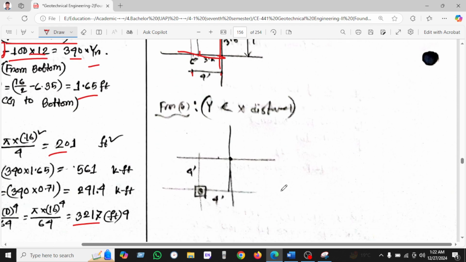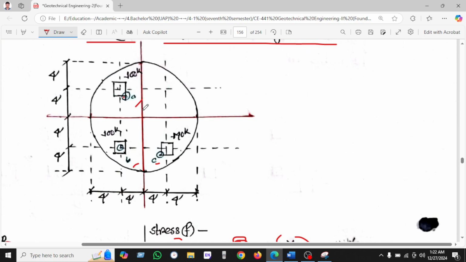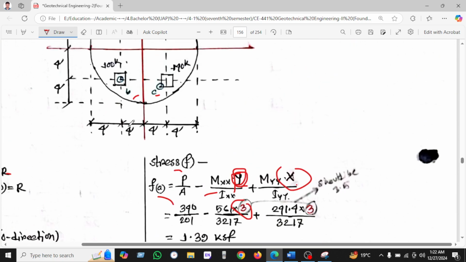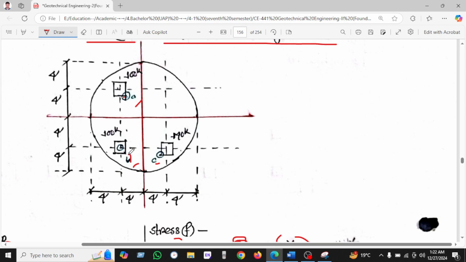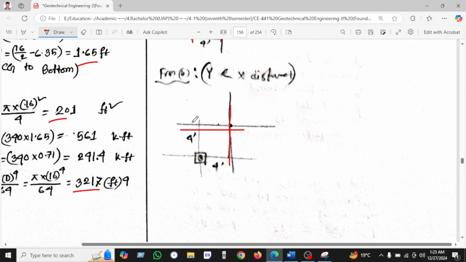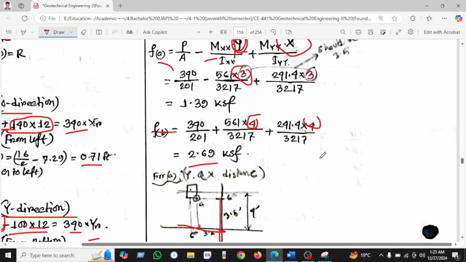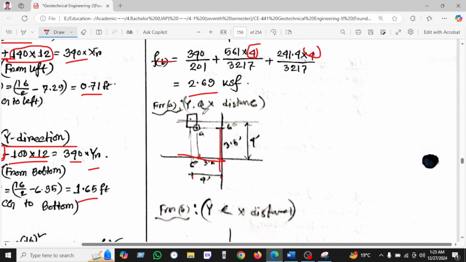So let's see, this is the CG, as we know here the CG. We will calculate the stress at B point. This is the B point. So we know the distance of x is 4, and the distance of y here is 4. That's why we are using 4 into 4, and found 2.69.